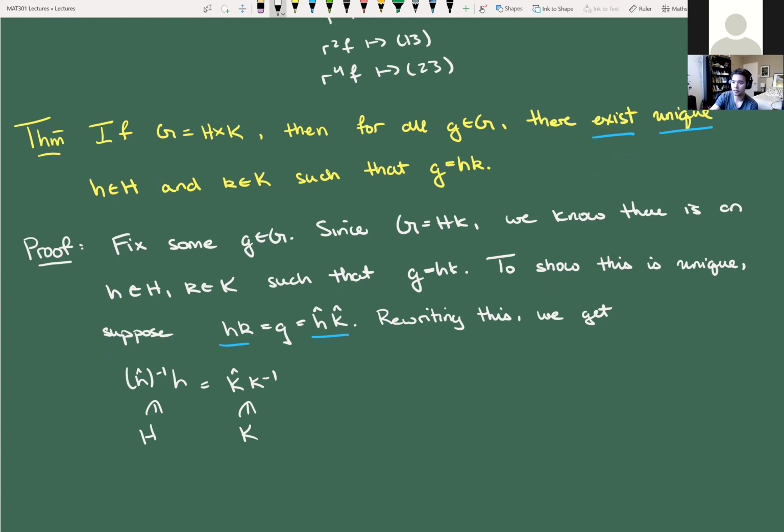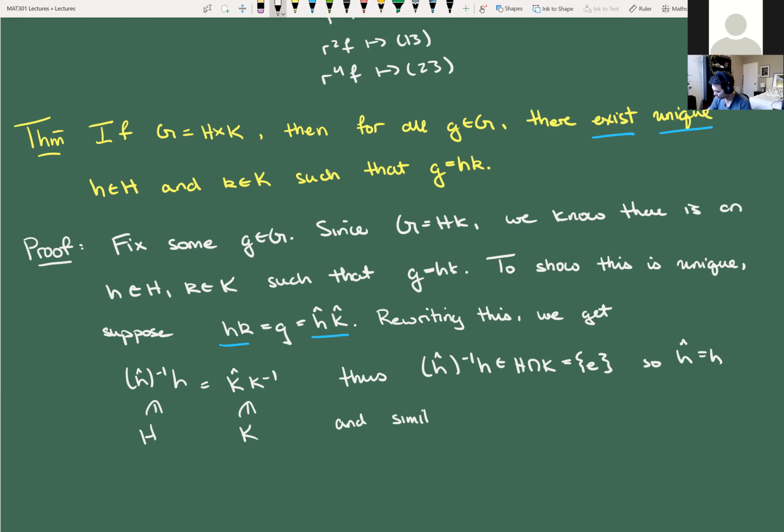The left side is in H, the right-hand side is in K, so both of these things have to be the identity. Thus, h hat inverse h is in H intersect K, which is the identity, so h hat is equal to h. And for exactly the same reason, k hat k inverse is also the identity.